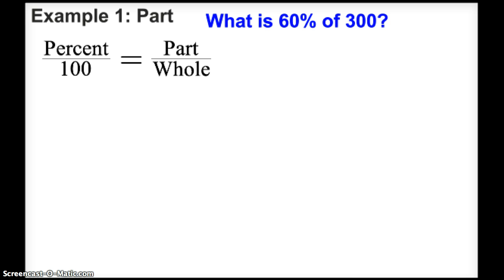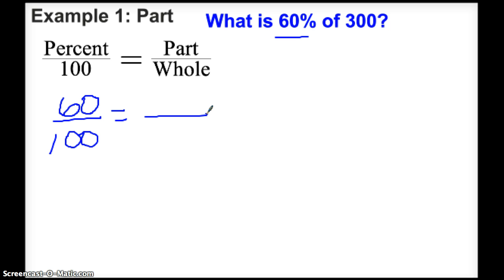So all you have to do is just plug in the values. So it says, what is 60% of 300? So I know my percent right here. Let me get my pen on. We know the percent. So the first thing I want to do is write my percent over 100, and that's going to be equivalent to the part over the whole.